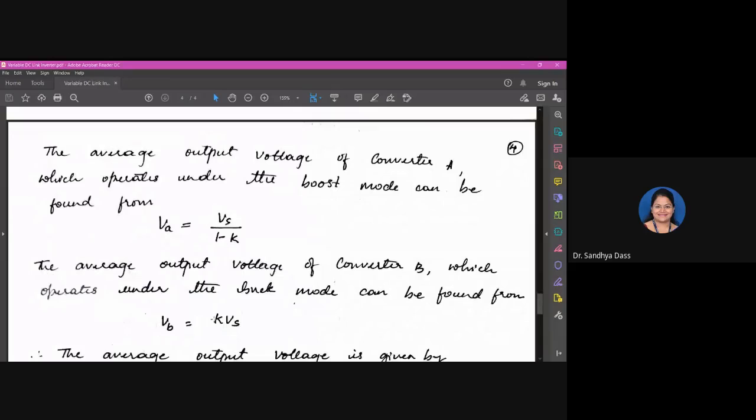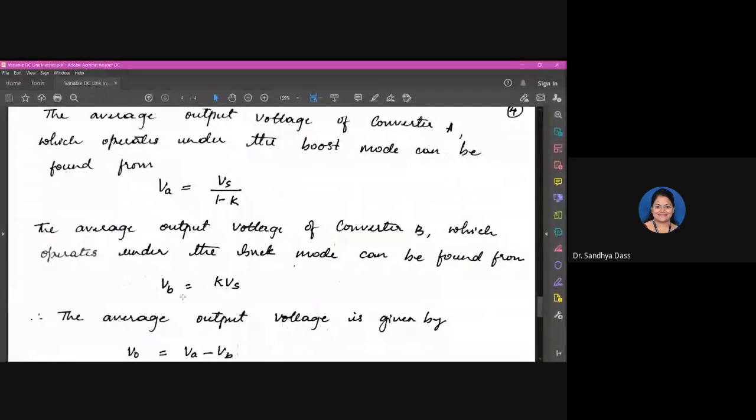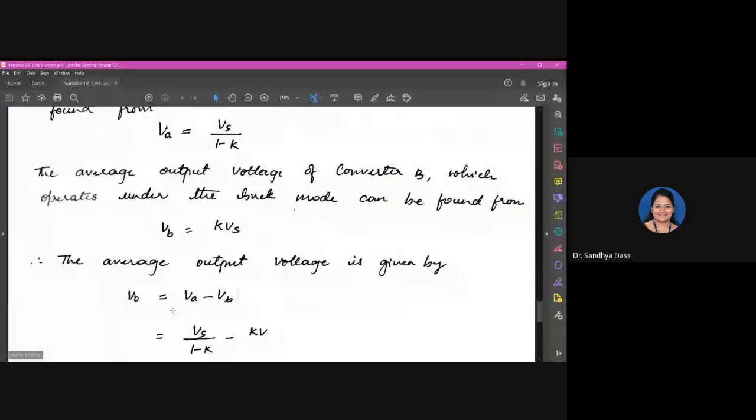We know the output of the buck chopper, or step down chopper. So the average output voltage VB will be given by K into Vs, if you can recall. Then the average output voltage of the whole inverter will be VA minus VB, that is, output of converter A minus converter B, right?